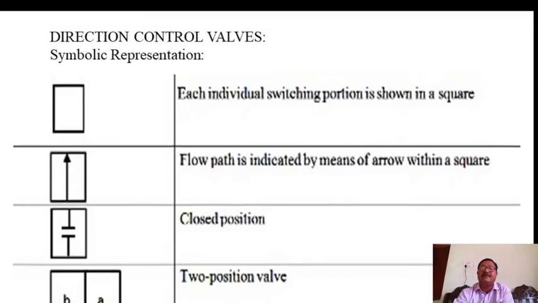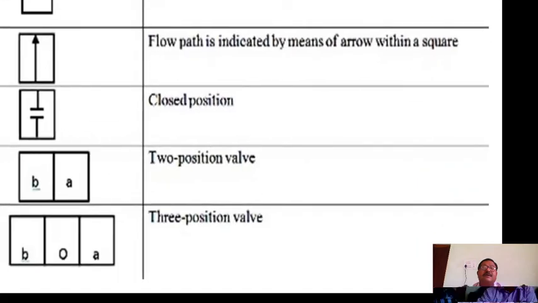The third one is the closed position. This square envelope is called the valve body, and within it this symbol is the closed position. Here, look: there are two square blocks or envelopes, B and A. That is a two position valve.